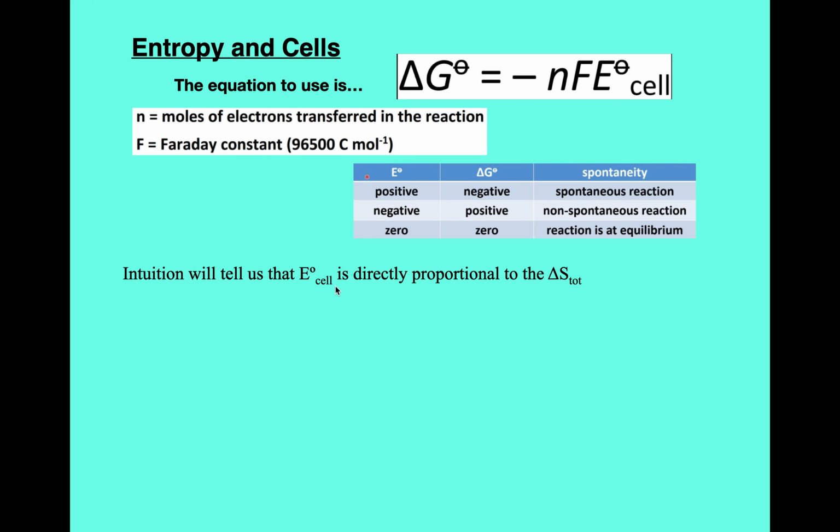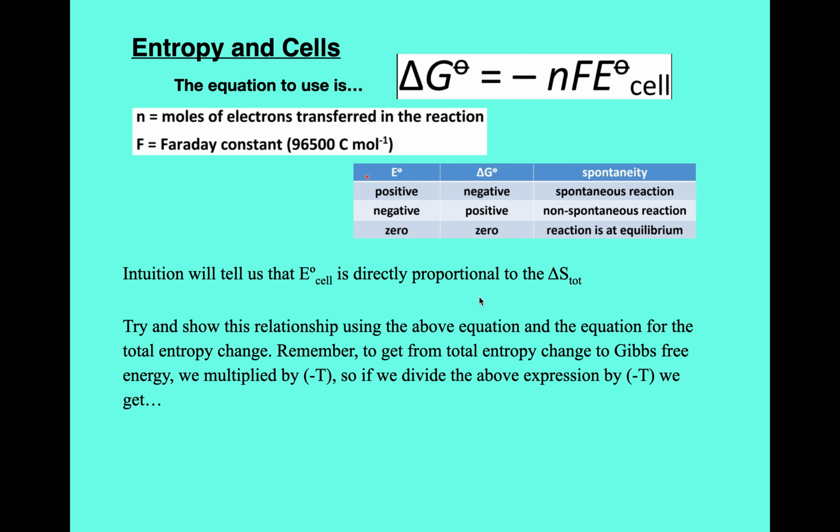Intuition will also tell us that the size of E cell, the difference in the electrode potentials of the two half cells, the bigger that is, then the bigger the entropy change. That's intuitive, isn't it?